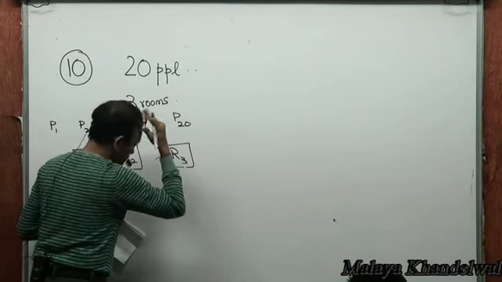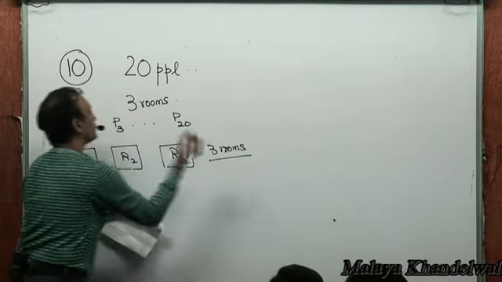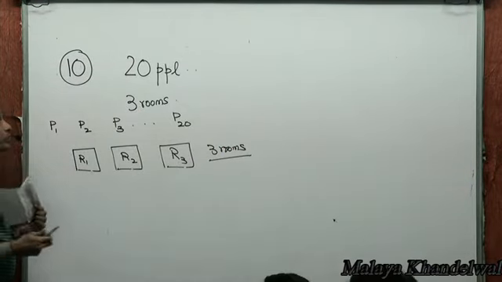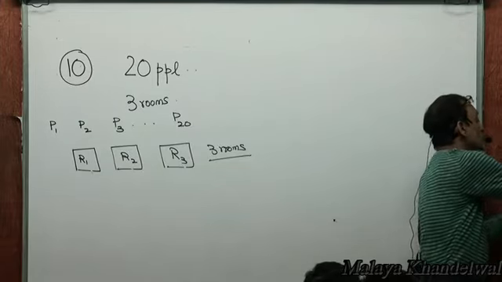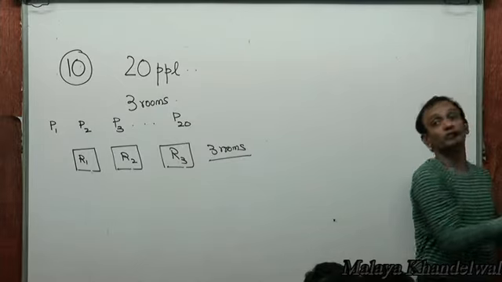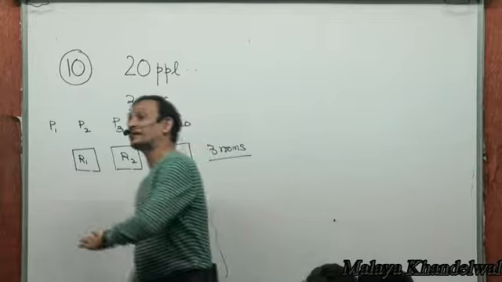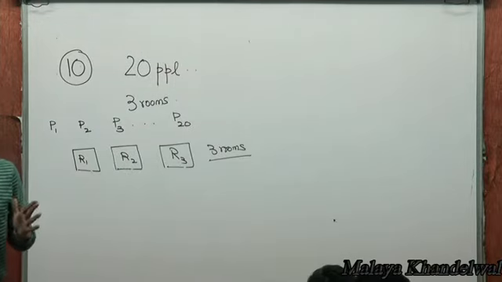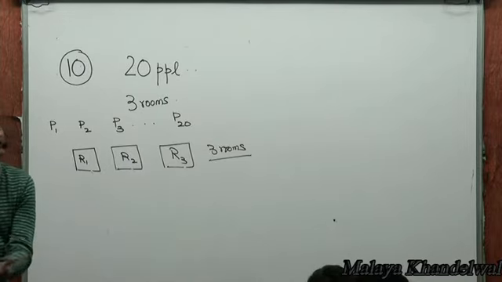You want to organize these 20 people in the 3 rooms such that no room remains vacant. In a given room, there must be at least one person. Question is, in how many ways can I do that?